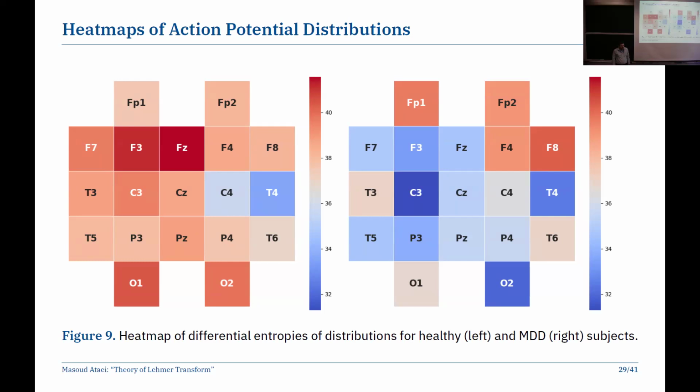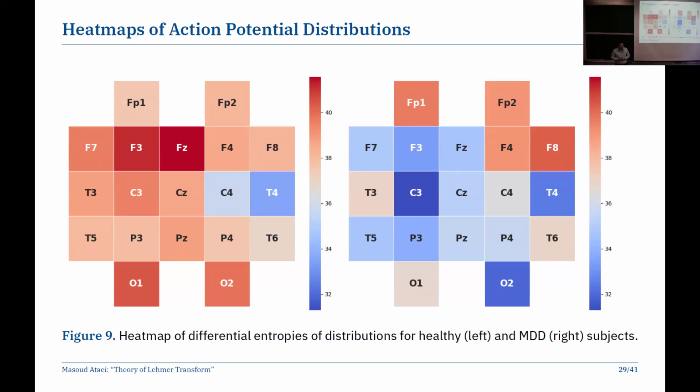Moving to the central and parietal lobes, such as CZ, C3, PZ, and P3, we see a modest level of entropies. This indicates stable sensory motor readiness and spatial processing. Now, moving to the heat map of the MDD subject on the right-hand side, we see a striking observation where the frontal cortex is asymmetric.